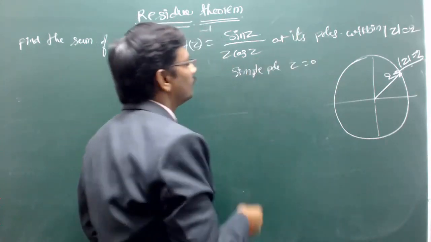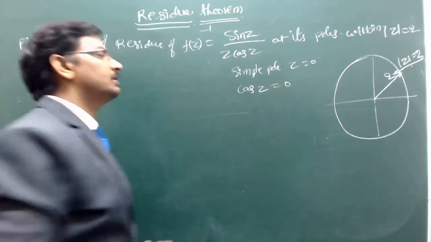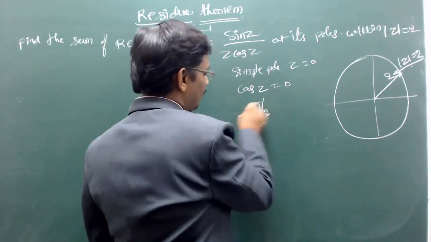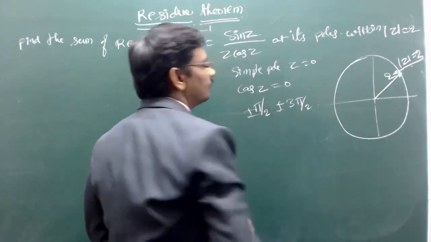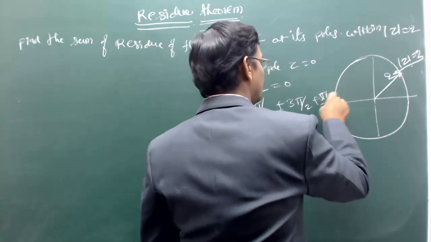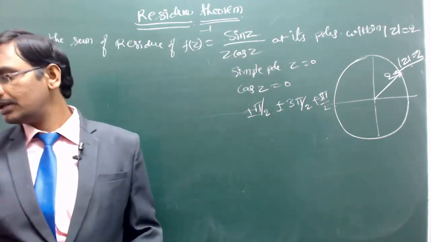Another place is where cos z is equal to 0. When cos z is equal to 0, the possibilities are pi by 2, plus or minus 3 pi by 2, and plus or minus 5 pi by 2. These are the places where a pole can occur.